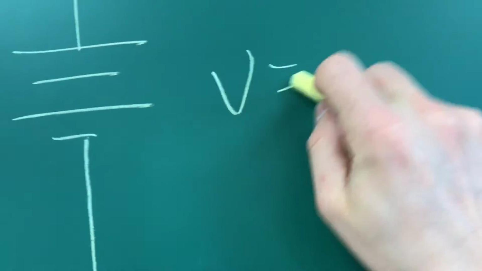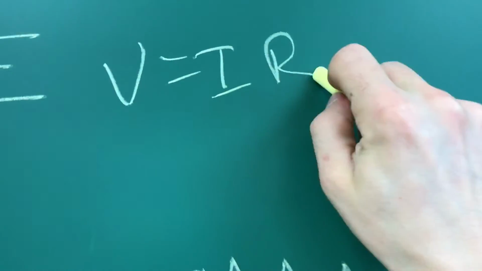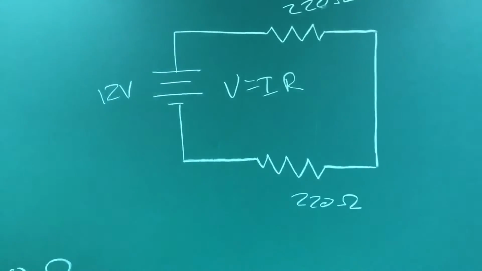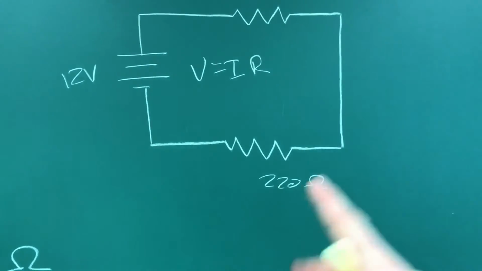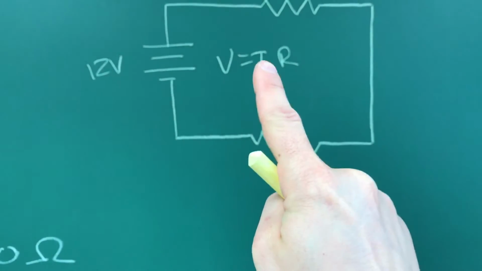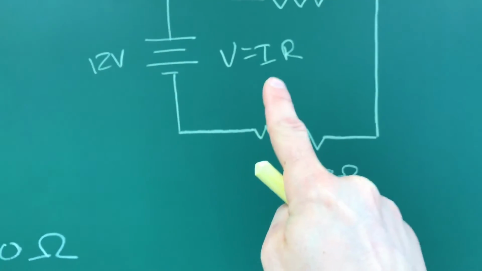V equals I R. We have voltage and we have resistance. So what do you think we're going to find? We're going to find I, the current.